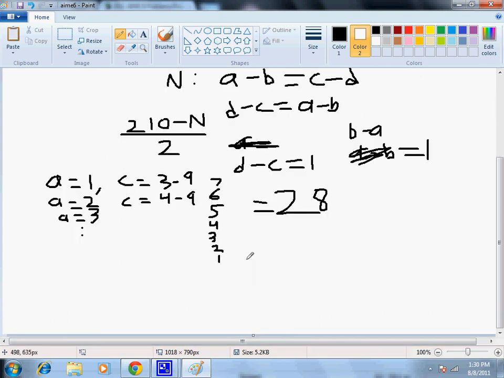Now, let's assume that the differences are both 2. If A equals 1, then B equals 3, and C has to be at least 4, but 9 or less.